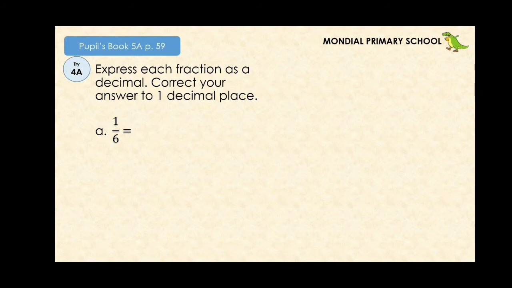Step 1. Divide the ones by 6. 1 divided by 6 is equal to 0 ones with the remainder of 1. Write 0 in the ones column of the question.